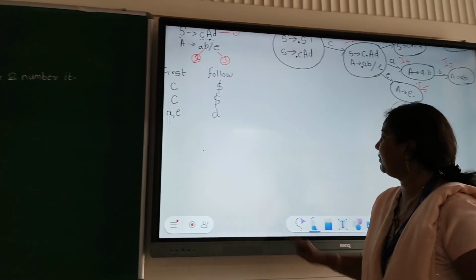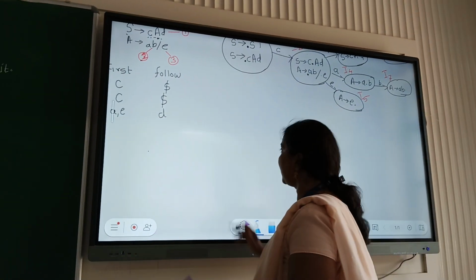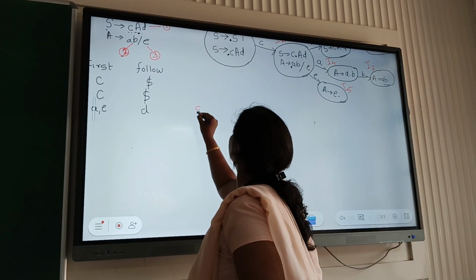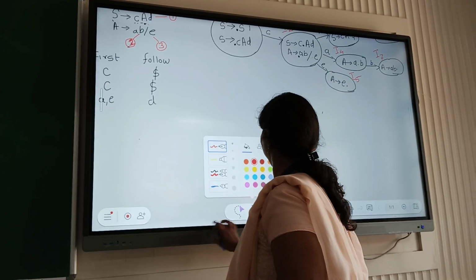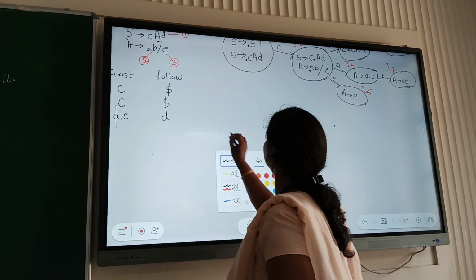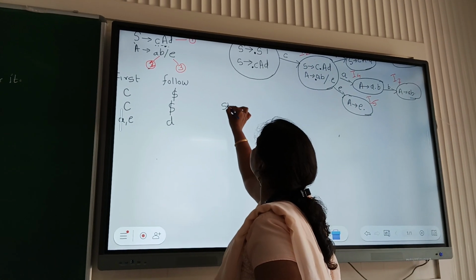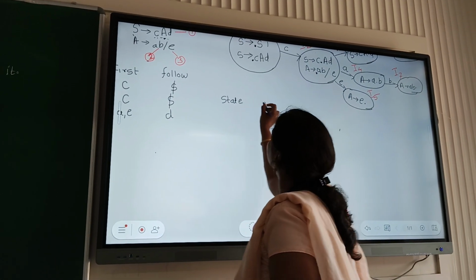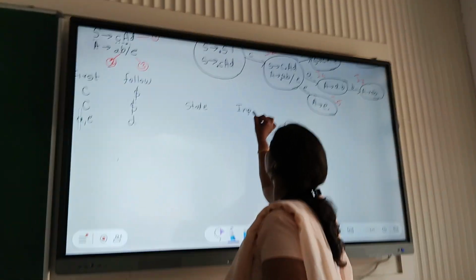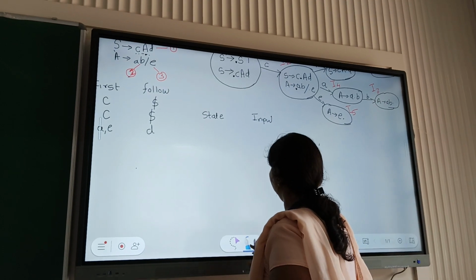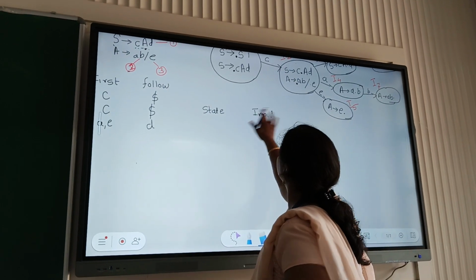For making the parsing table, the fields required are: first you require to write the states, then input, state, action and go to.